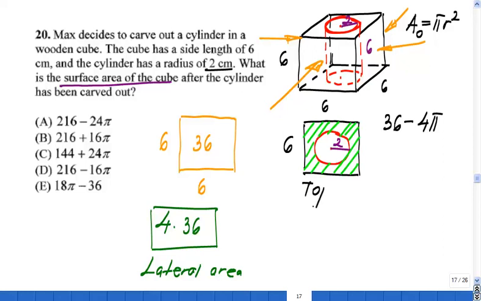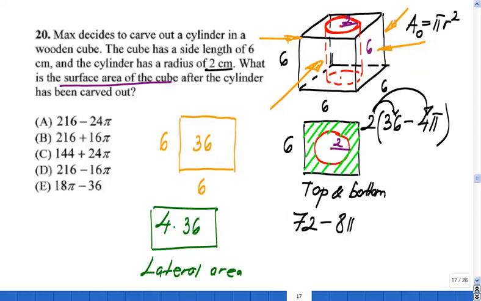But now I got top and bottom. Right? Top and bottom will be 2 times that. 2 times 36 is 72, minus 2 times 4 pi, which will be minus 8 pi. Alright? What is 4 times 36? Well, 4 times 36 is 144.